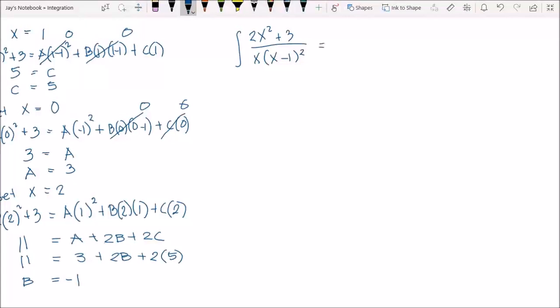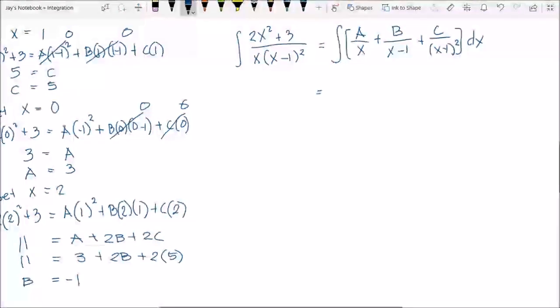And this can be written as the integration of a over x plus b over x minus 1 plus c over x minus 1 squared, dx. So we substitute the values of a, b, and c into this partial fraction.